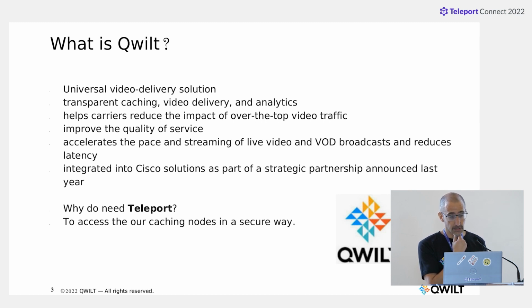We help carriers reduce the impact of over-the-top video traffic, and we have improved the quality of service. So we accelerate the pace and streaming of live video and VOD broadcast and reduce latency. We have integrated into Cisco solutions as a part of a strategic partnership announced last year.